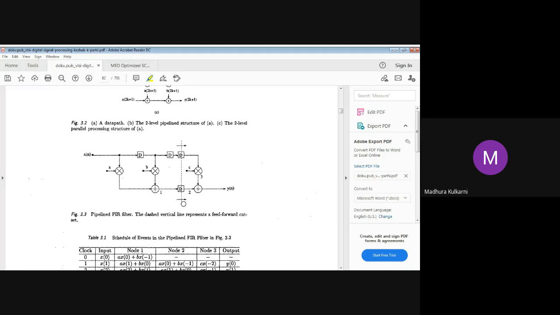Another thing which we have to remember is whenever we add a cut set, on each of the edges where the cut set is getting added, we need to add a delay element. So it is cutting this edge and this edge, so we are adding delay elements here. In this way, we have added the cut set and applied pipelining.